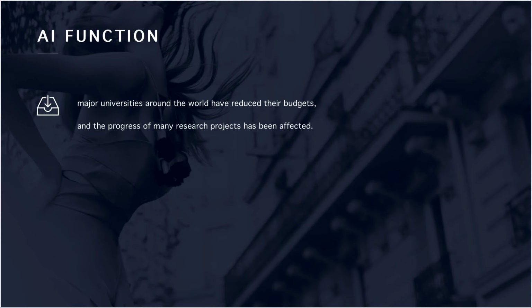And another challenge is how many AI functions can be completed. We all know that a very important new function of the advanced smartphone is the AI functions. And customers expect these new fancy functions, but due to the impact of the epidemic, major universities around the world have reduced their budgets, and the progress of many research projects has been affected.